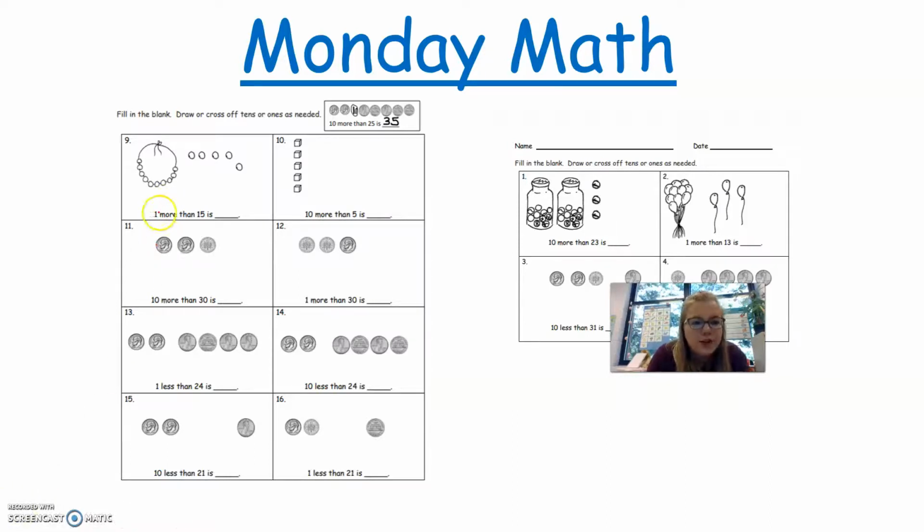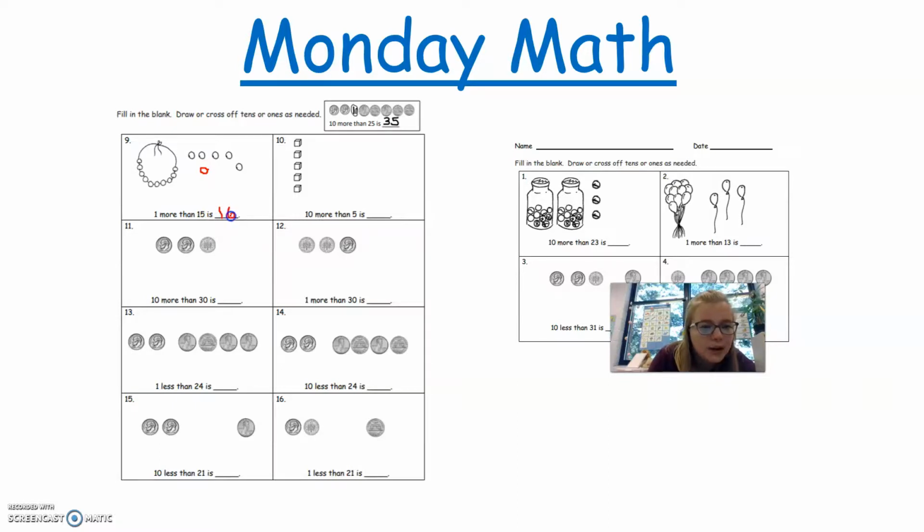So for this, you're going to do 1 more, 1 less, 10 more, 10 less. So this one says 1 more than 15 is, so you have 15 beads here. 1 more, so I'm going to add 1. Okay? So I have a group of 10, so I have 10, 11, 12, 13, 14, 15. The one I added makes 16, so 1 more, 16.